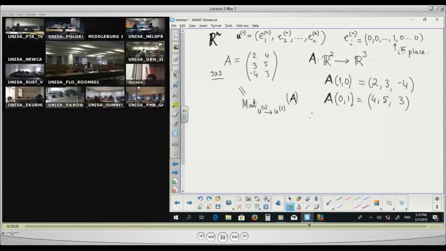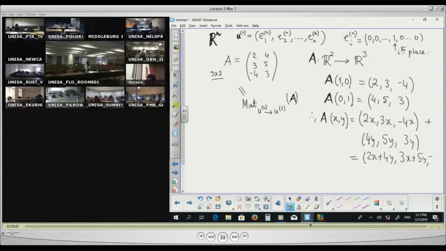So 2x plus 4y, 3x plus 5y, minus 4x plus 3y, which you see is nothing else but A times this matrix x, y.